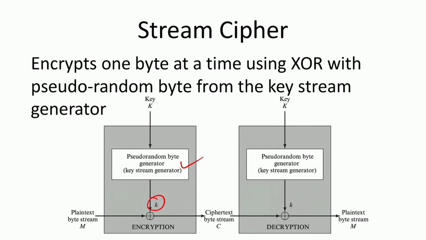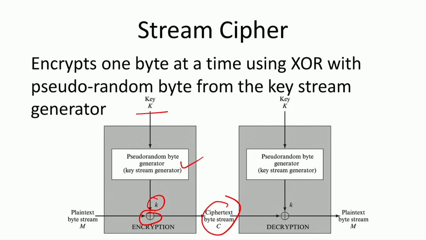So the pseudo-random byte stream is supposed to be unpredictable without the knowledge of the seed, which here is the symmetric key. Now the output of this pseudo-random byte stream generator is also known as a key stream, and it is combined 1 byte at a time with the plain text byte stream using an exclusive OR operation to produce our ciphertext byte stream.